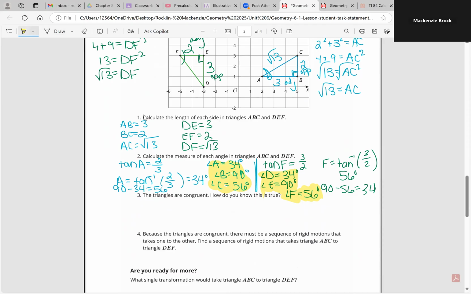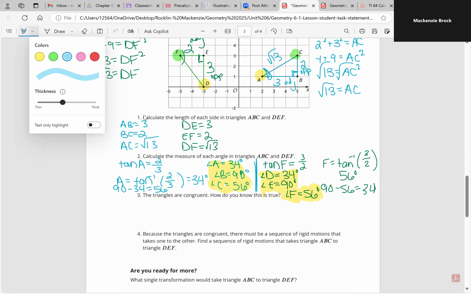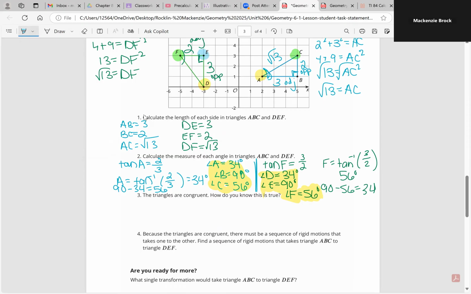D corresponds with A, F corresponds with C, and E corresponds with B. The sides that correspond are the ones that connect the same color angles.